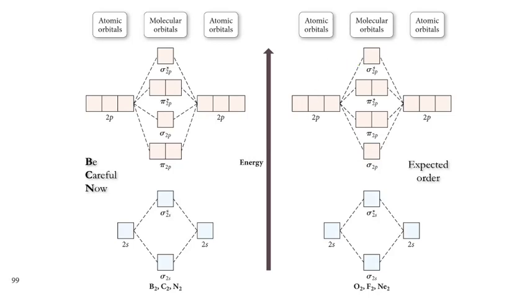And then the other two are going to add together or subtract side by side, and so we're going to get 2 pi 2p bonding orbitals and 2 pi star 2p antibonding orbitals. These are antibonding because you put electrons in there, that increases the energy, which fights against bonding. So that's the expected order.